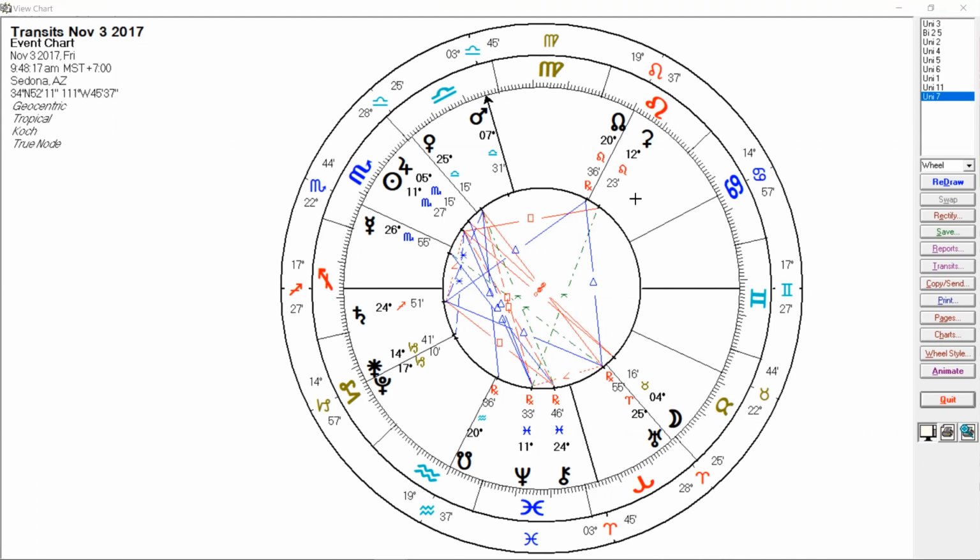Any aspect has its share of support and its share of challenge. So when you say, this is a good aspect, they work together, they get along, and then you say these two don't get along, you're basically boxing this into definitions that are very narrow and not really depicting the situation accurately.